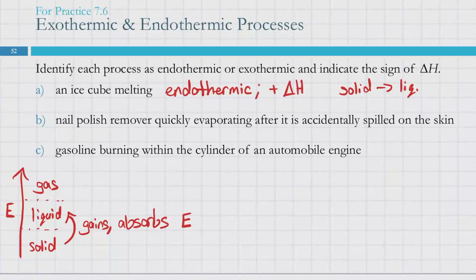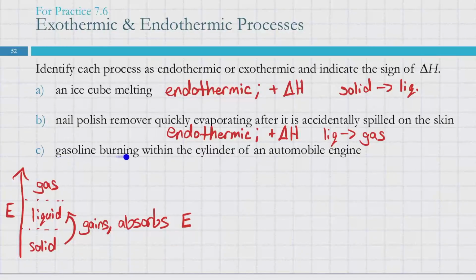And the energy that it gains is, in this case, from our hand. It's the same thing that you feel when you put hand sanitizer on. The isopropyl alcohol or whatever alcohol they're using in there absorbs energy from your hand and evaporates, taking its energy with it and making you feel cool. So this is also endothermic. It's going to have a positive delta H, going from a liquid to a gas.